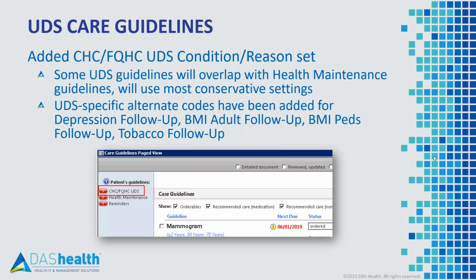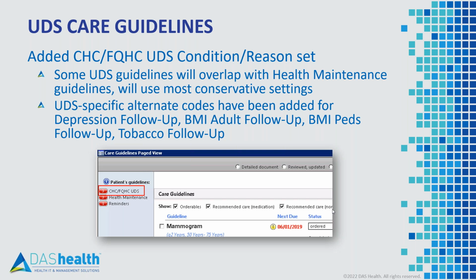So a lot of these guidelines are going to overlap with our general health maintenance guidelines. So if that's the case, then it's always going to look at the most conservative settings. So what I mean by that is, let's say you have a health maintenance guideline for a mammogram that is starting at 50 years, and that's already applied for your patient population.